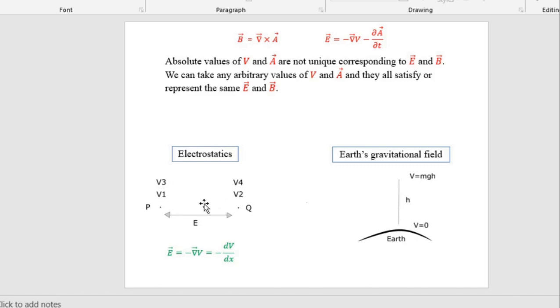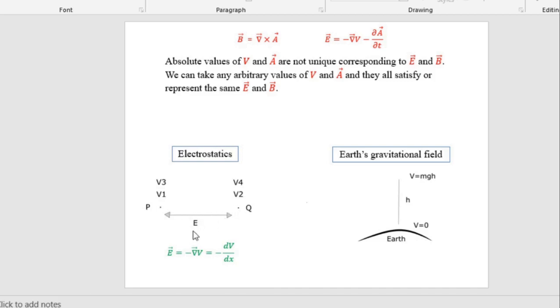Okay, then what will happen to this electric field? We know that this electric field will not change under this change of potentials, since the electric field only depends on the potential difference. The electric field does not depend on the absolute values of the potentials at these points.